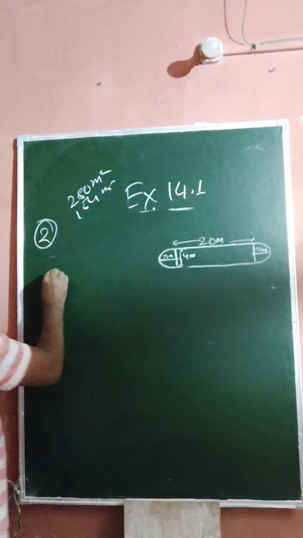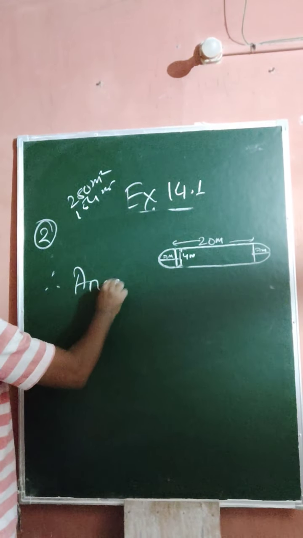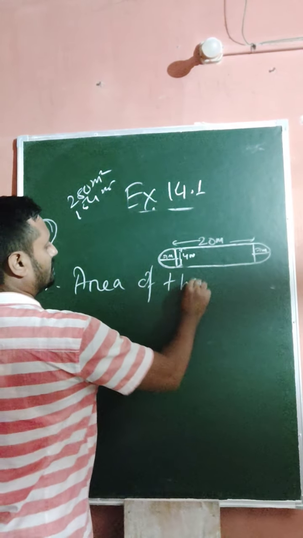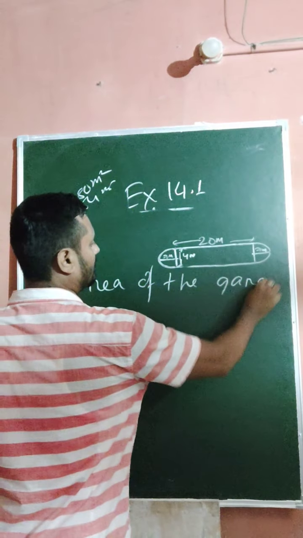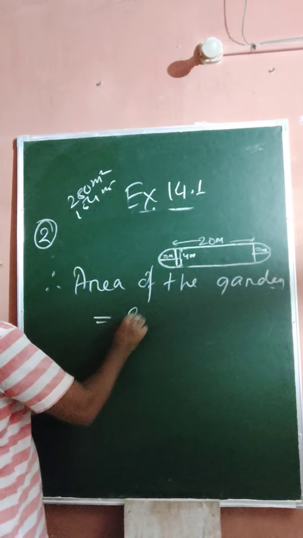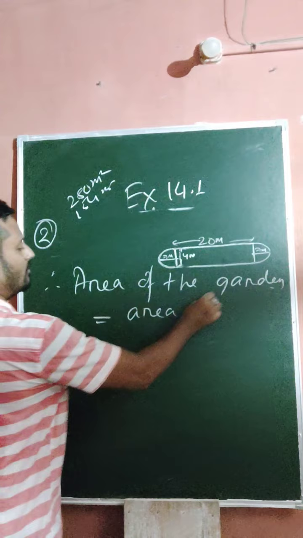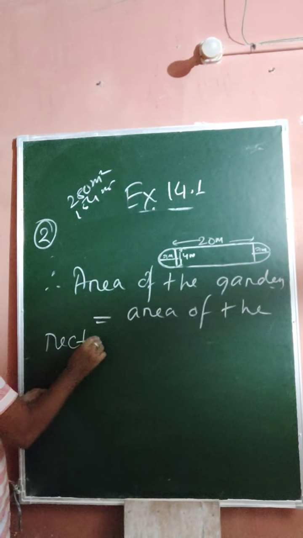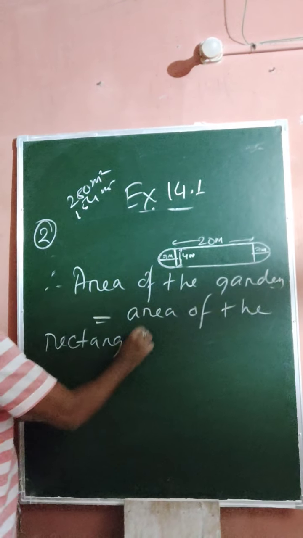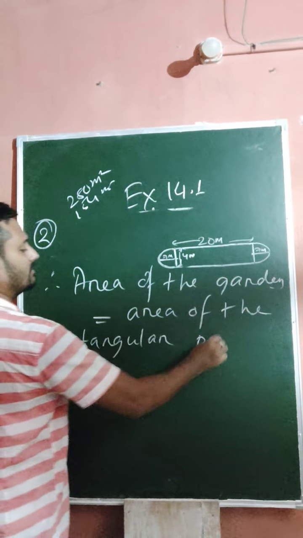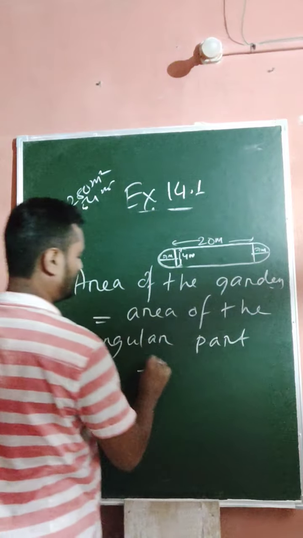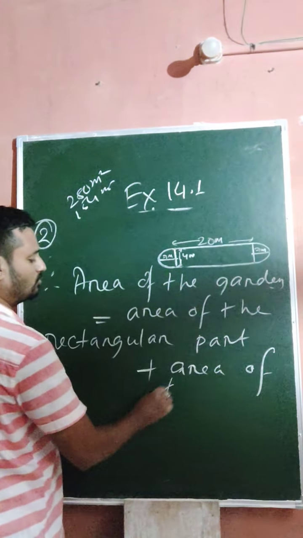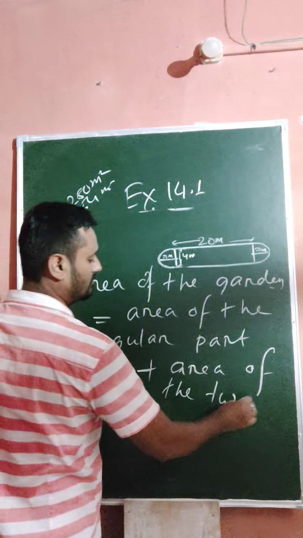Now, therefore, area of the garden is equal to area of the rectangular part plus area of the two semicircles.